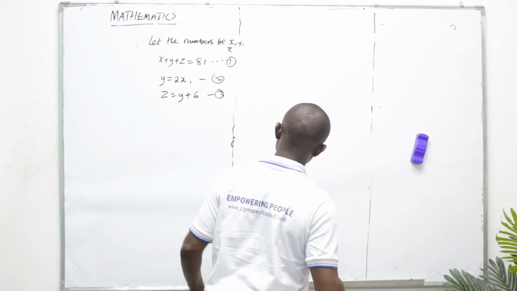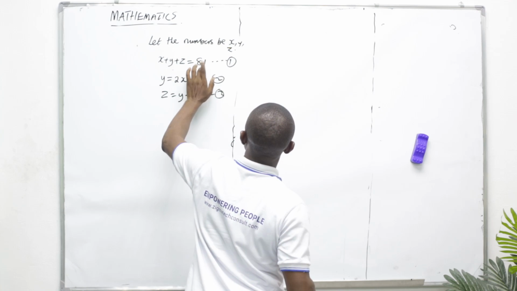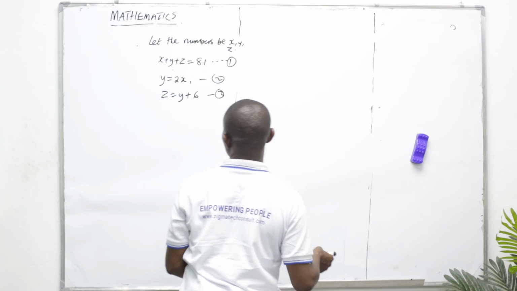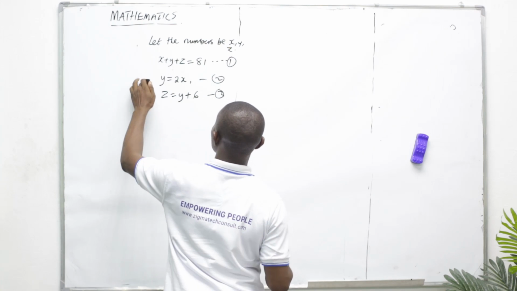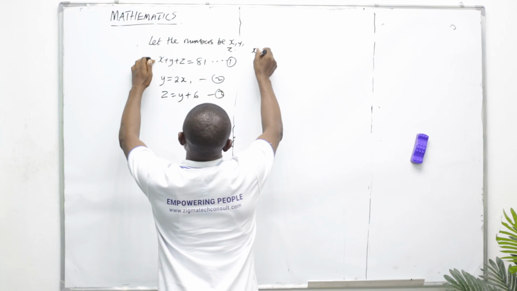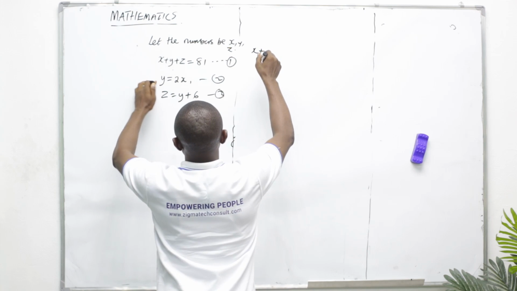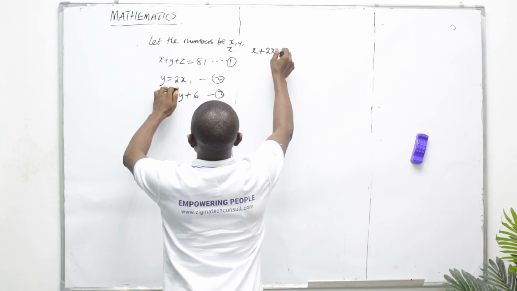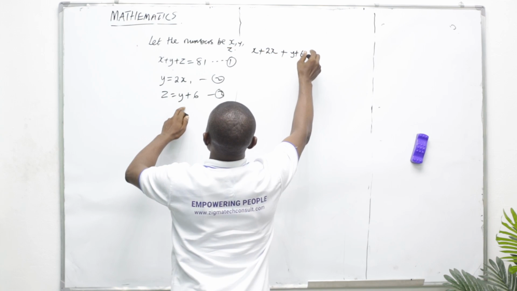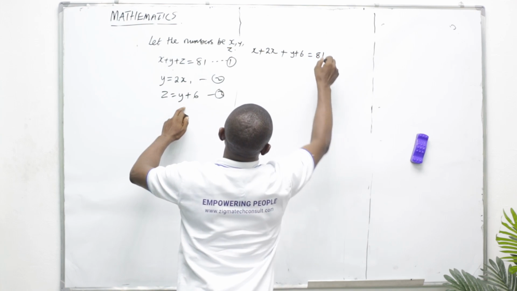Initially, the sum of these three numbers was 81. They summed up to 81. Recall that the first number is X. First number plus second, 2X, plus third, Y plus 6, equals 81.